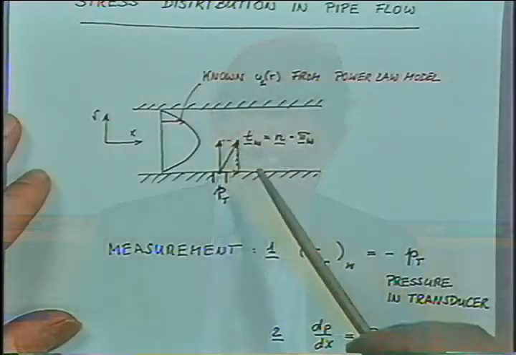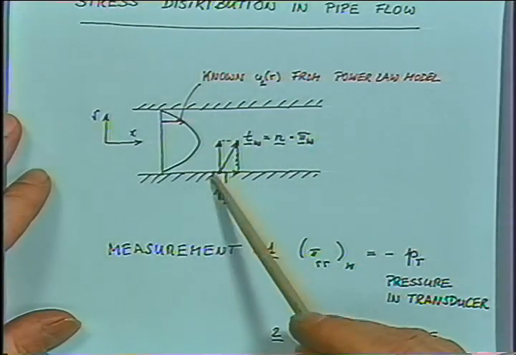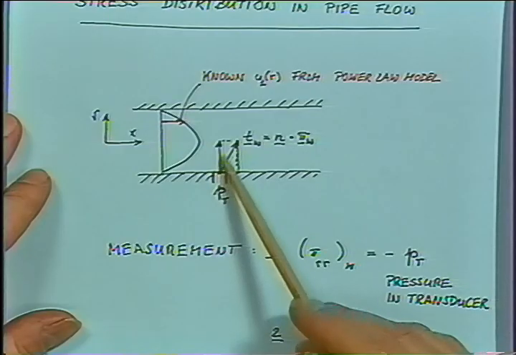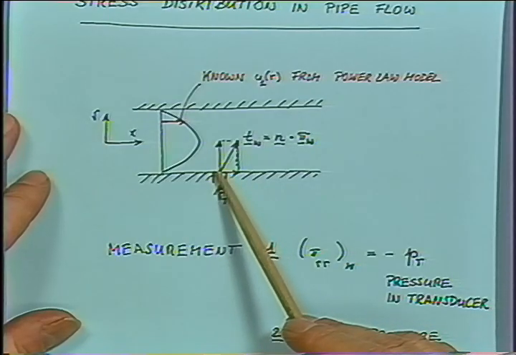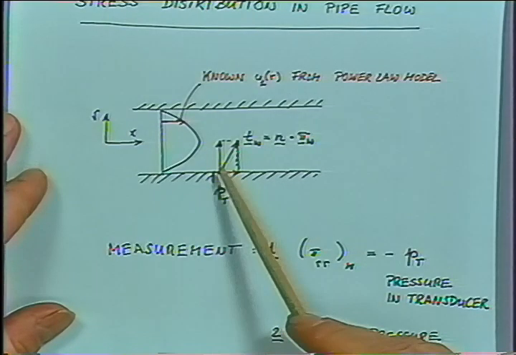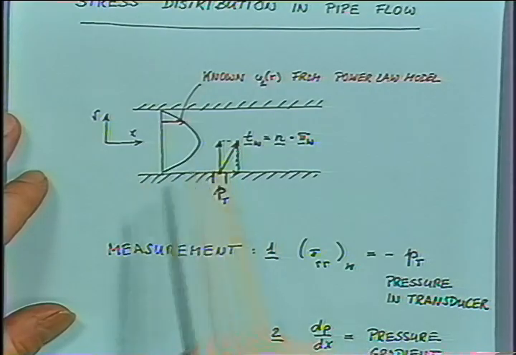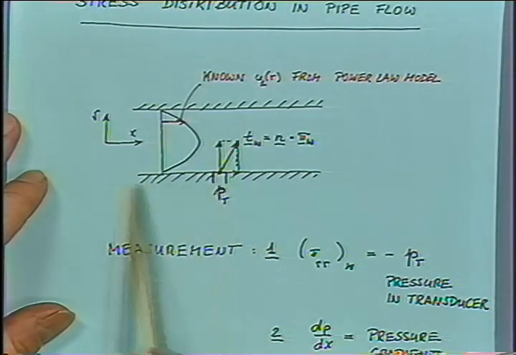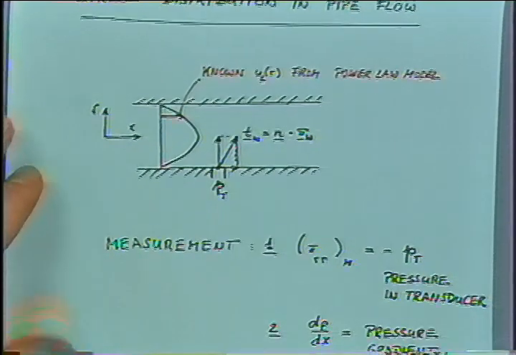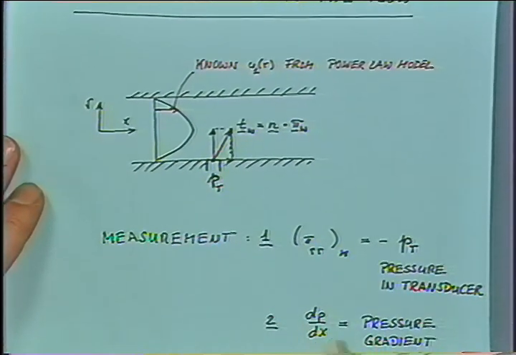Now, from kinematics, I would like to move to the stress. We know the flow field, we know the velocity gradient and the shear rates. Let's calculate now the stress distribution in the pipe. Remember, a transducer at the wall will give us the normal stress at the wall. That's the only information from the experiment. Now, if we take 2 of those transducers and divide the pressure difference by the length, we can measure the pressure gradient.